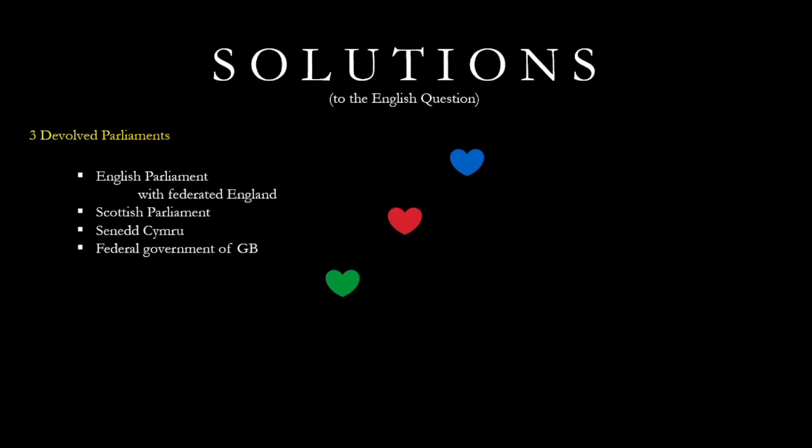The country should choose what it wants to do in terms of policy. And then there should be a strong national Westminster government, like a federal government of Great Britain, to represent all us Brits for foreign policy and other federal shenanigans.